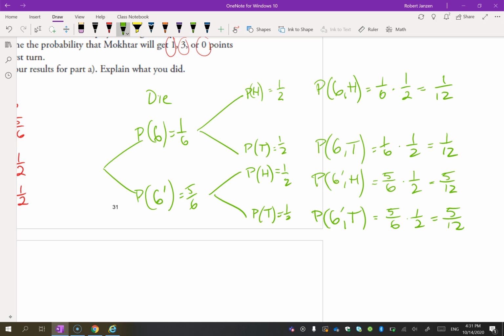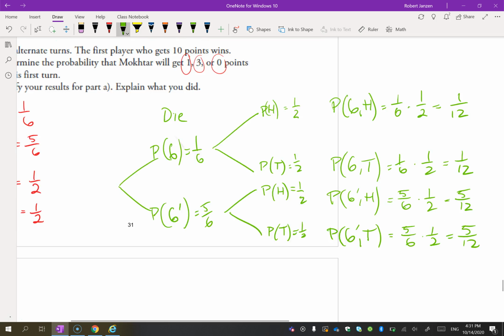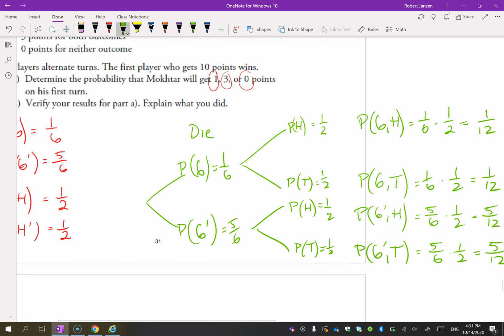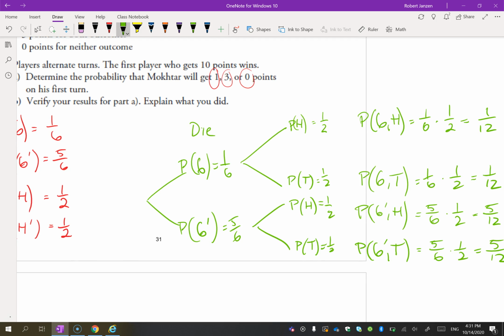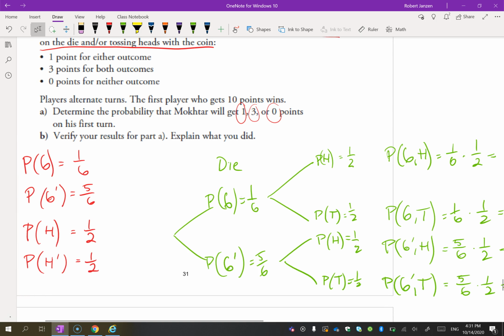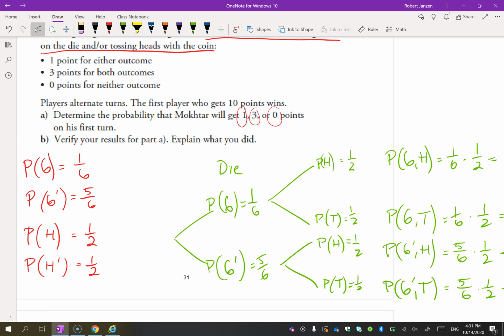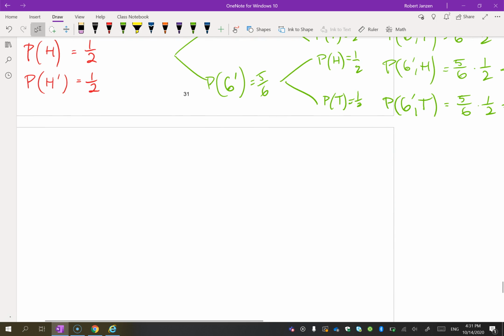Okay. Now, what was the question again? What is the probability that Mokhtar will get 1, 3, or 0 points? Well, how do you get 1 point? 1 point is either outcome. Okay? So let's think about that. What is the probability of 1 point? When does this happen?